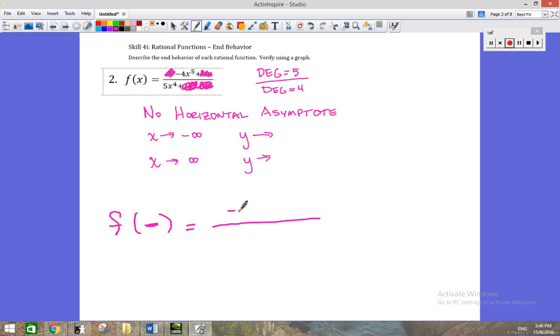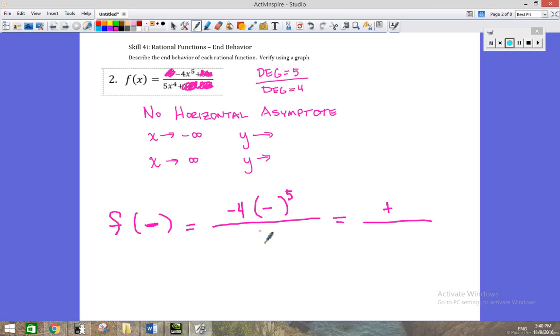So if I have a negative 4, and I don't even care about the size, just that it's negative, and I'm multiplying that by some negative number that's being raised to the 5th power, then a negative base raised to an odd power is going to be negative, but a negative times a negative, this numerator is always going to be a positive value.